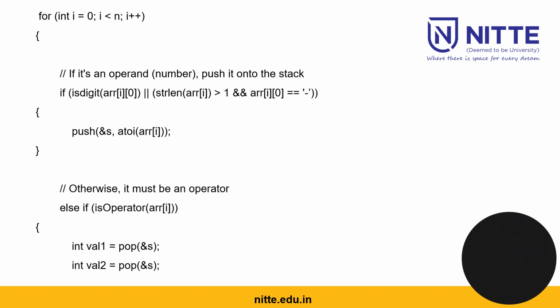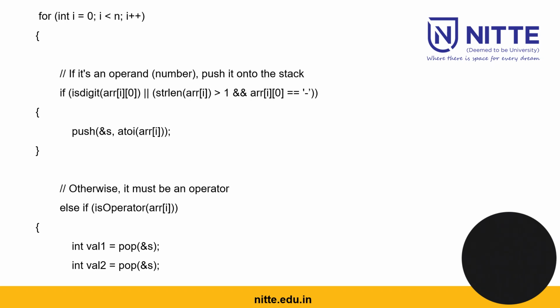And if array of 0, 0 is a digit, or if string length of array of 0 is greater than 1 and array of 0, 0 is equal to minus, then what will we do?